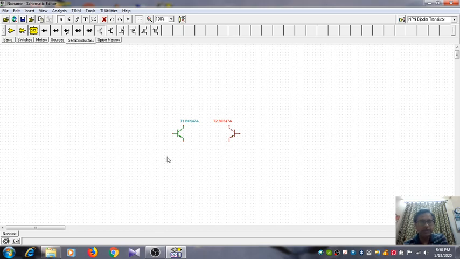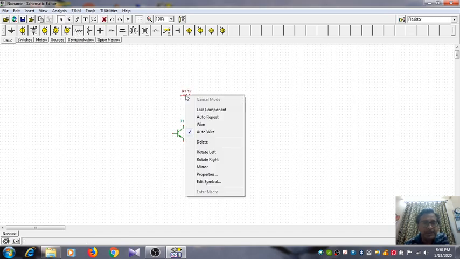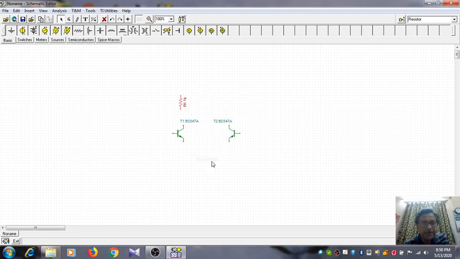Now we have to put the resistors between the collector and the power supply. Let us go over to the basic, and from there pick up one resistor and rotate it by 90 degrees. In this manner we put it here, and the value should not be 1K.